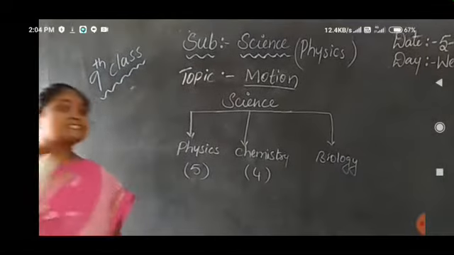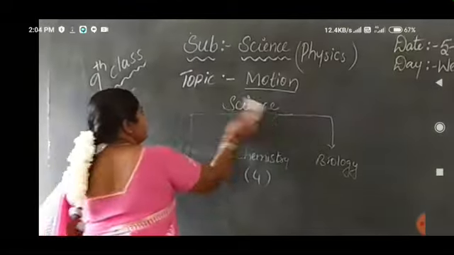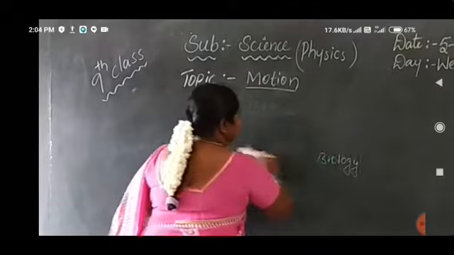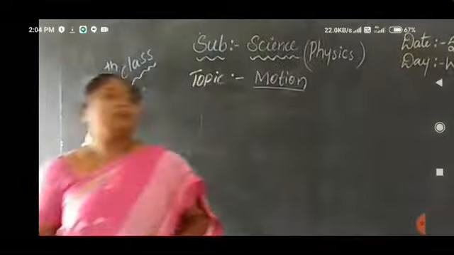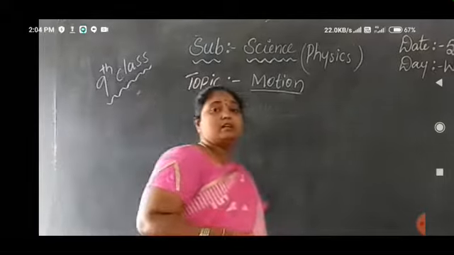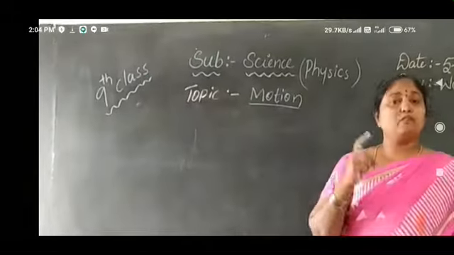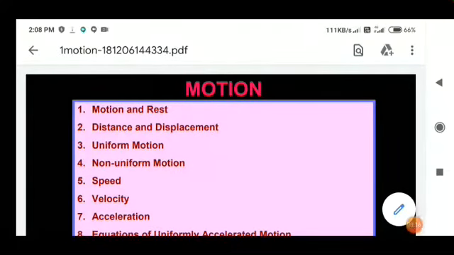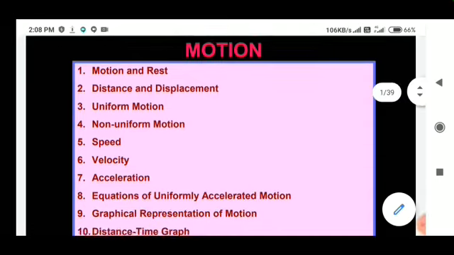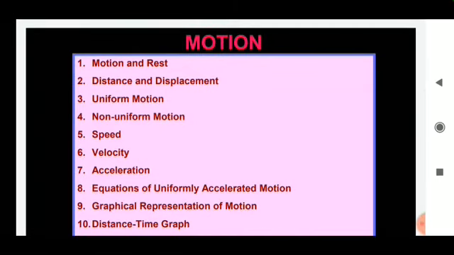Today, let me discuss the motion chapter. Let me go for the definition of motion. Let me discuss what all we are going to learn in this motion chapter, children.